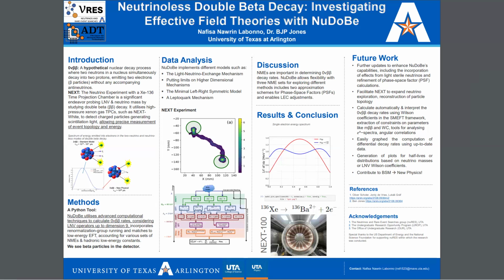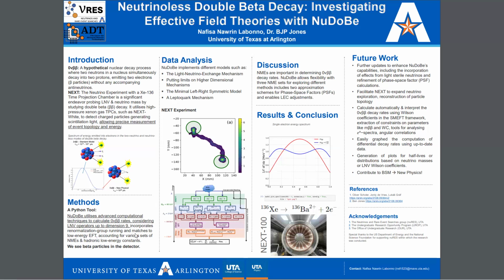So this research talks about a very simplistic yet very powerful tool, a Python program called nu-DOBE for short, which is derived from the name of the beta decay process itself. Nu-DOBE is used to advance our understanding of computational techniques that can be used to calculate beta decay rates.